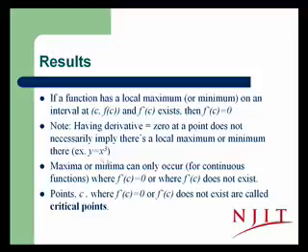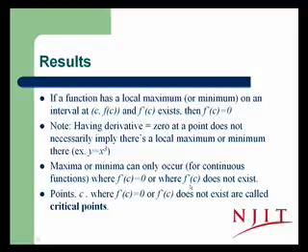Maxima or minima can only occur where the derivative is 0 or where the derivative does not exist, if the function is continuous. Okay, so we already saw that if the derivative is 0, you might have a maximum or minimum, but we also had a maximum in our earlier curve at a point where the derivative did not exist. So those will be conditions for finding maximums or minimums. You check that the derivative is 0 or the derivative does not exist.